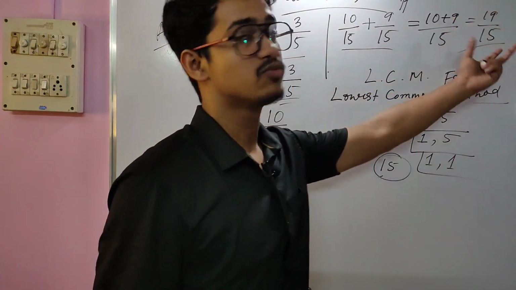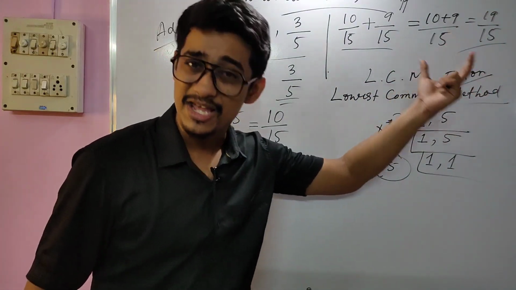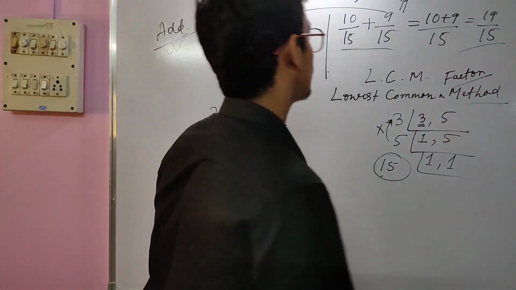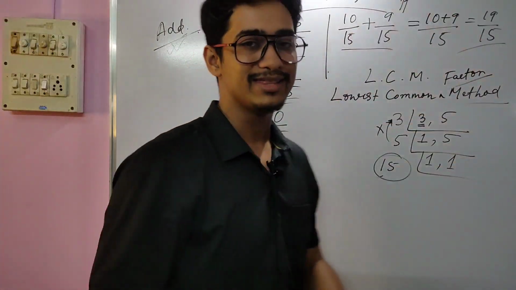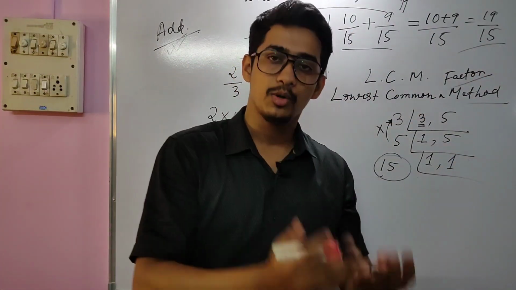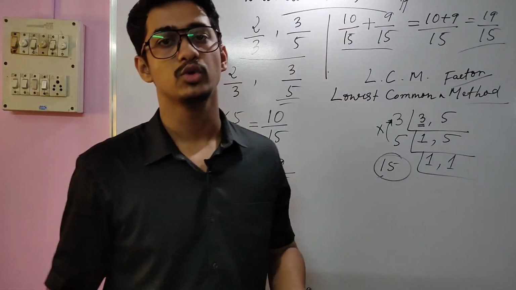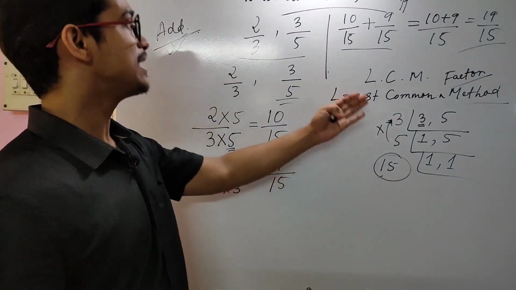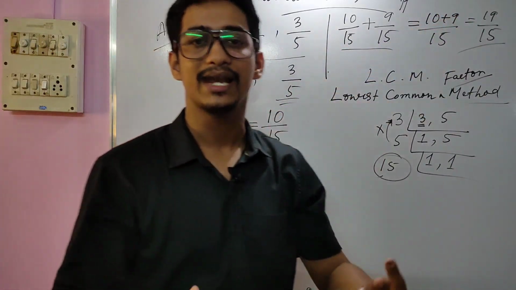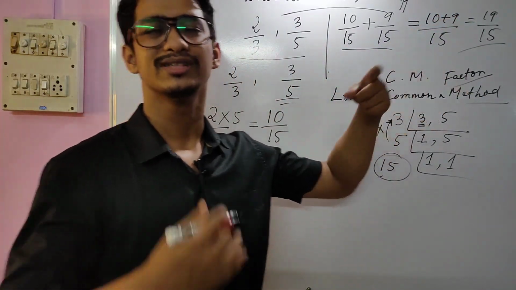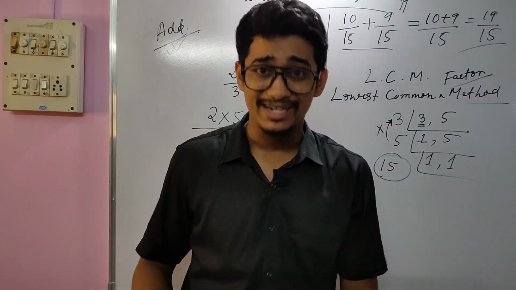So 19 by 15 is what type of fraction? That is an improper fraction. So what is the basic difference when the denominators are the same and when the denominators are not the same? When the denominators are the same, we don't have to do any such processes. We just simply do the calculation. If it is plus, then we just simply add the two numbers or the three numbers, whatever the question is.